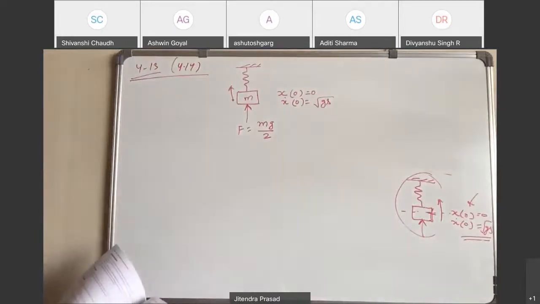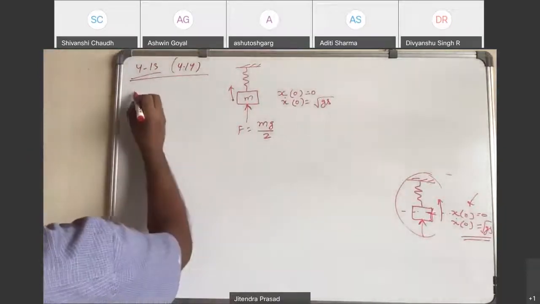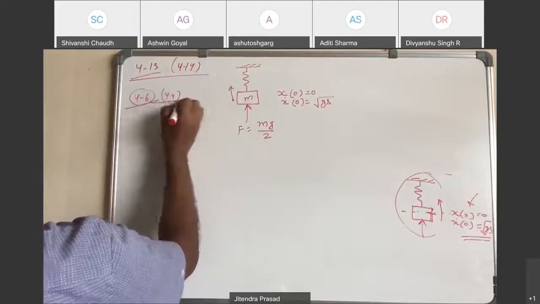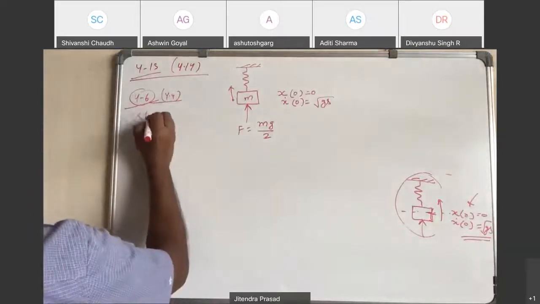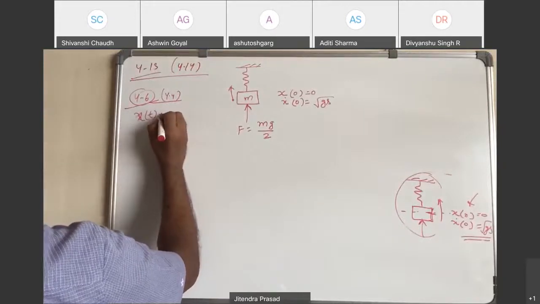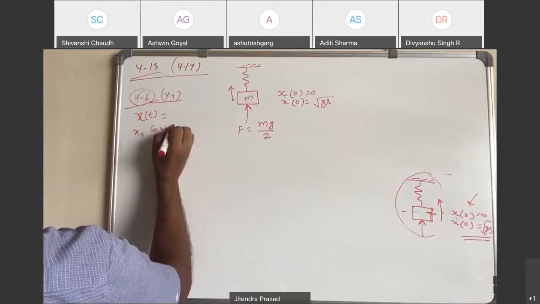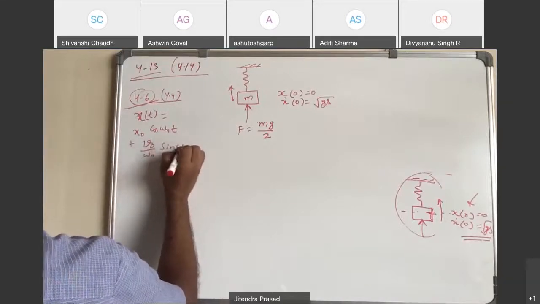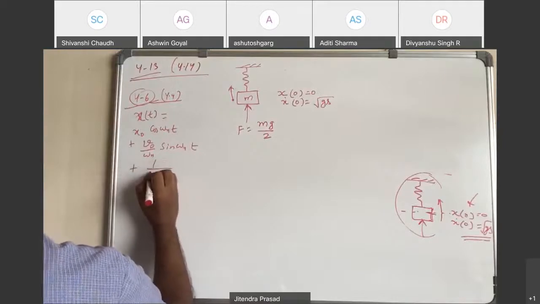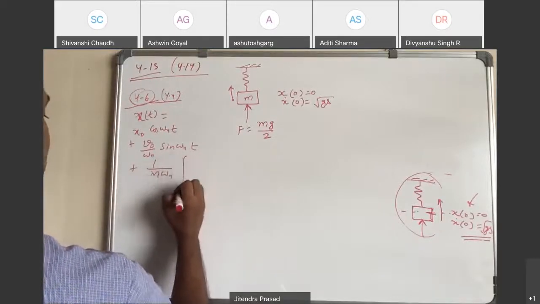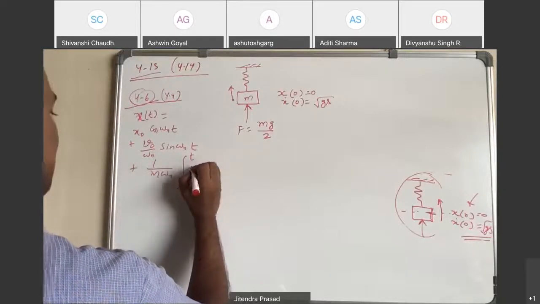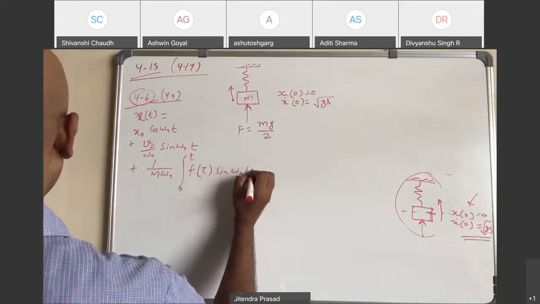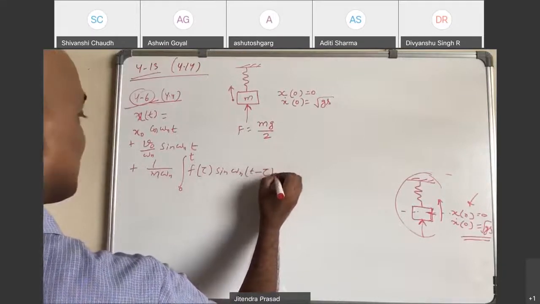So the problem in 4.6, what it says, 4.6 we solved today, right? 4.6 means 4.4, and as per that we have to show that x(t) equals x naught cos omega n t plus v naught over omega n sine omega n t plus 1 over m omega n, and then we have the convolution of f(tau) sine omega n (t minus tau) d tau.